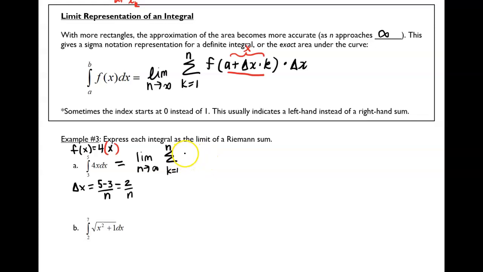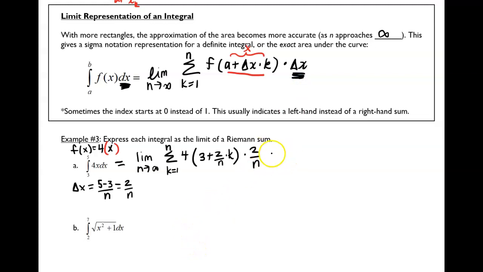So I'm going to have 4 times something, because my function was 4x. That something is going to be, I'm going to start with a, which is 3, my first value, plus my delta x, which was 2 over n, times k, and then I have to multiply that by a delta x. The way I remember the delta x is in my integral I have a dx. That is the delta x there.